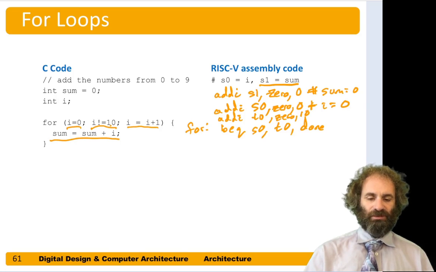Sum equals sum plus I is add S1 gets S1 plus S0. And then we do the post operation, I equals I plus 1.